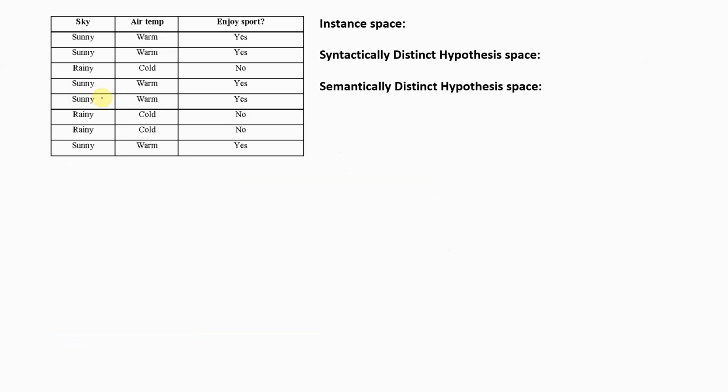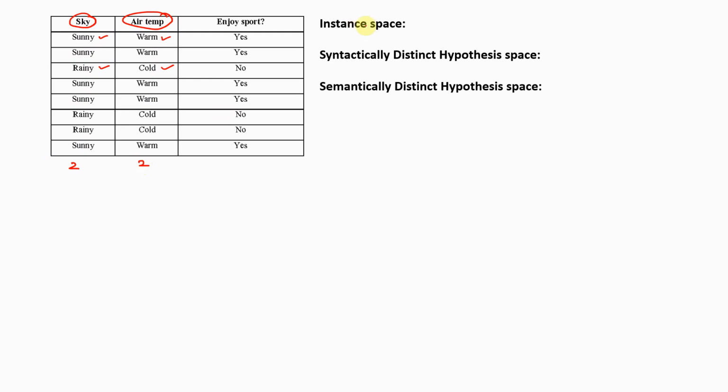To know about the hypothesis space, first we have to know what an instance space is. An instance represents the possible input attributes for every input feature. If I take sky, it has two different input attributes, sunny and rainy, and air temperature has the possibility of warm and cold.